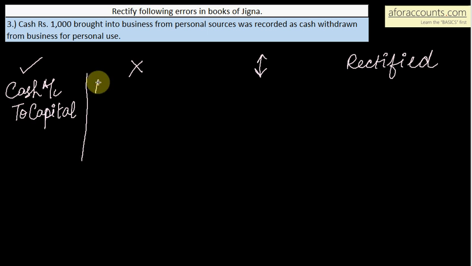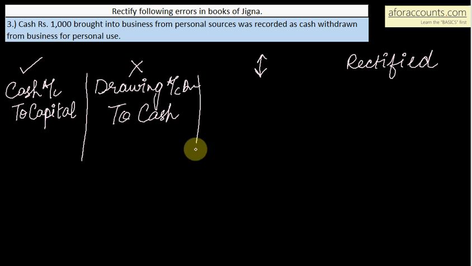So entry कर दी drawing account debit to cash, cash withdrawn कर दिया, okay, for personal use. So it is drawing account debit to cash account. So now reverse the entry, cash account debit to drawing.